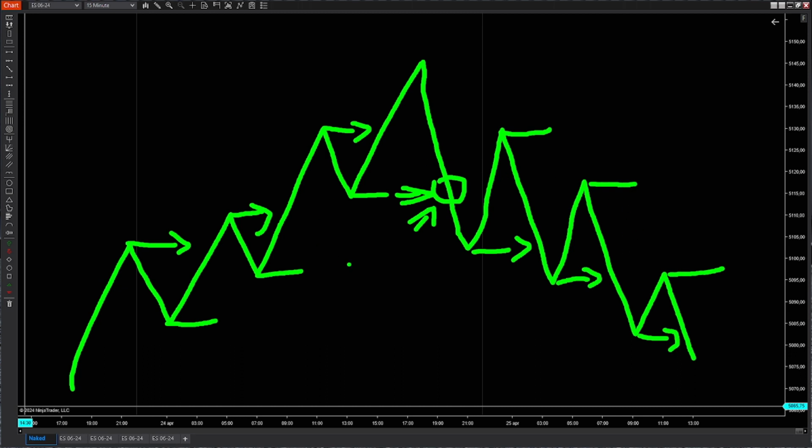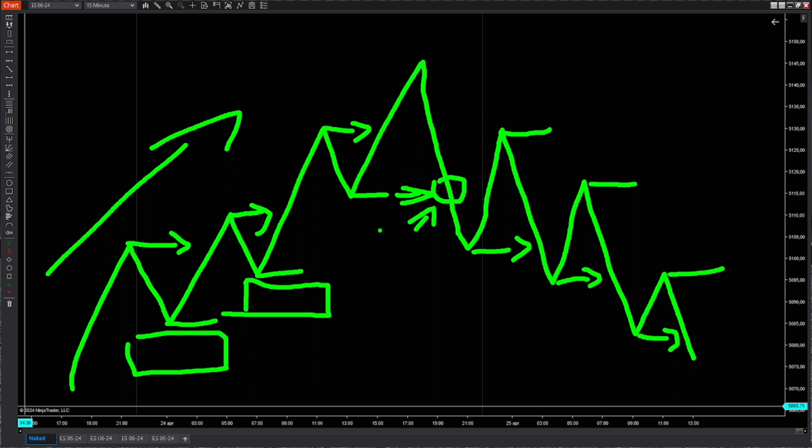So what we can now see in this market structure is that in an uptrend, we can put our stops below the lower lows to be safe, and we can target these higher highs every time because they can be taken out.